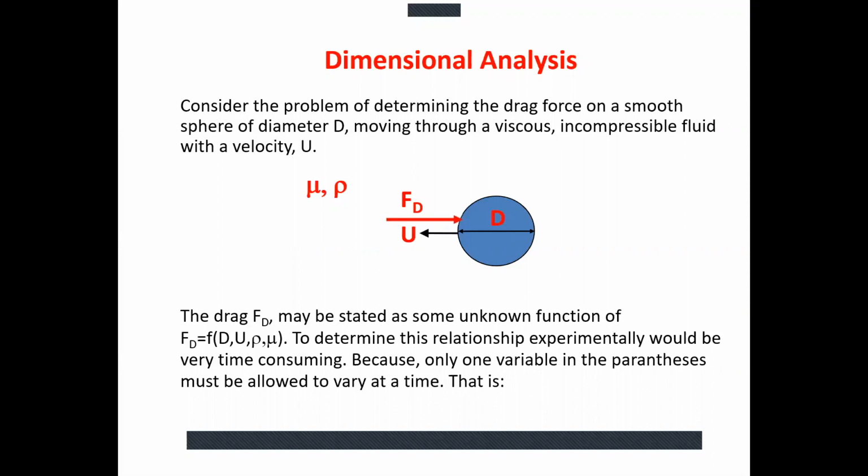To determine the relationship experimentally will be very time consuming. You know that we need to make a controlled experiment, so that we need to keep one parameter varying and keep the rest of those constant at each set.